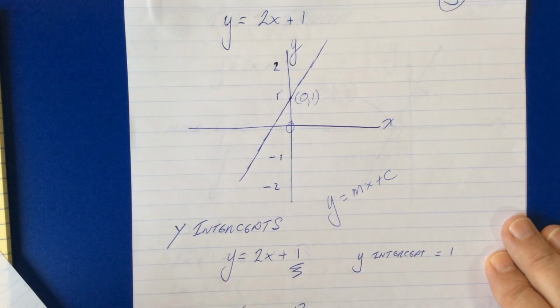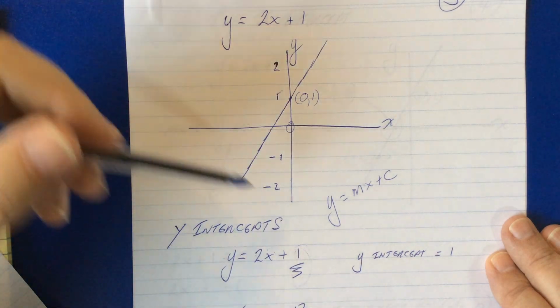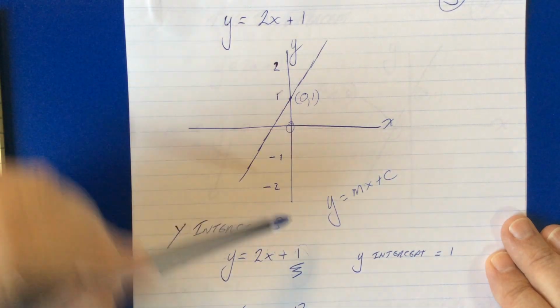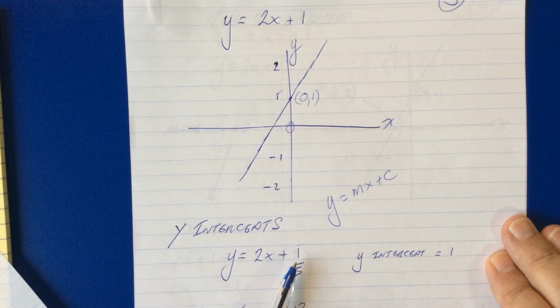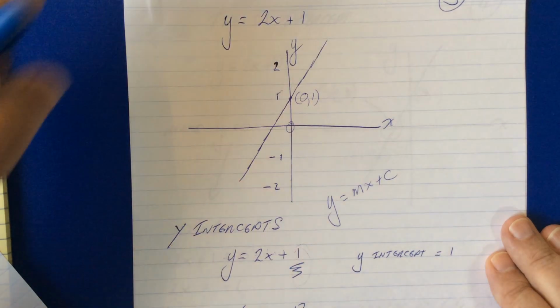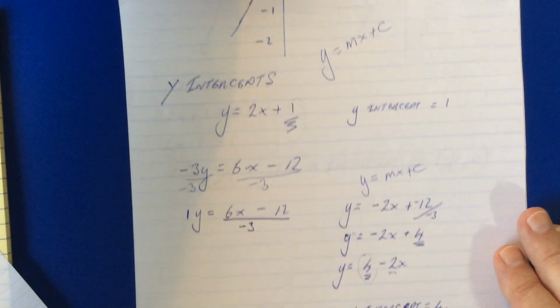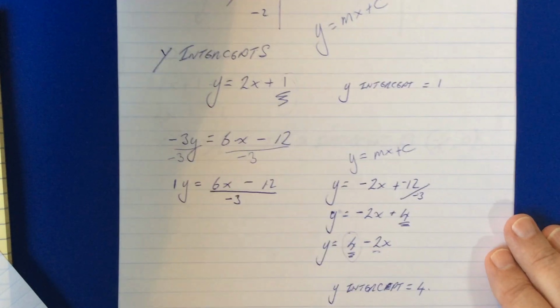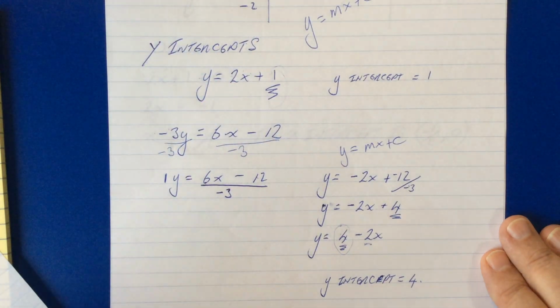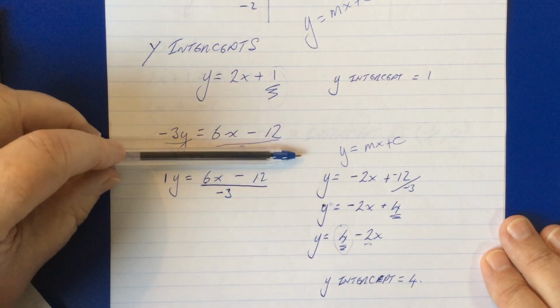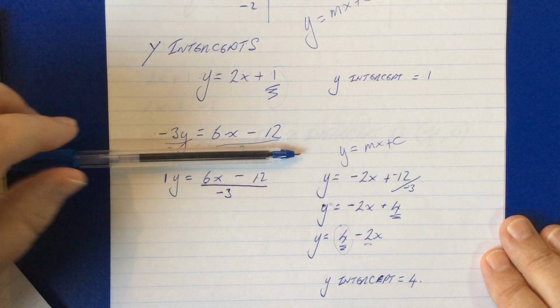So, just to drive it home, our y-intercept here is really easy to find because it's 1. It's on the end of the equation. But occasionally, things can be a little more confusing. Now, I'll just put my pen across my working there.